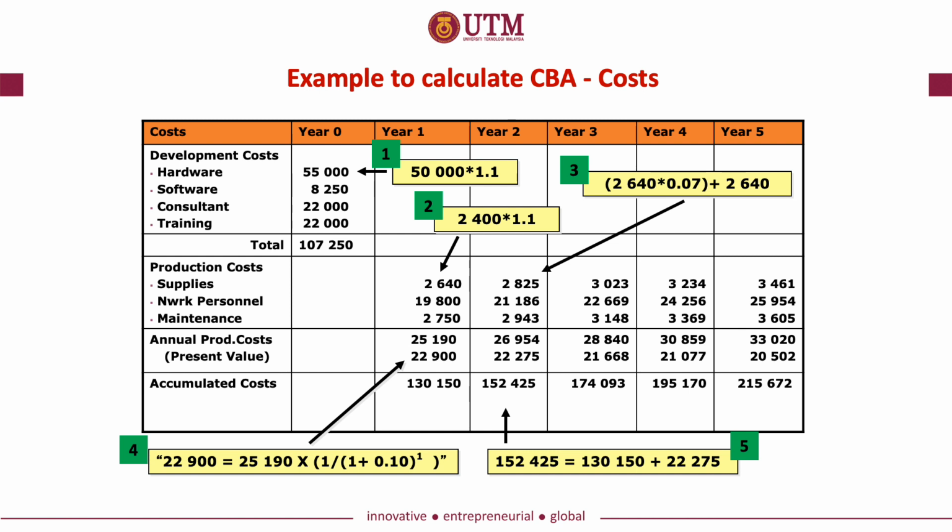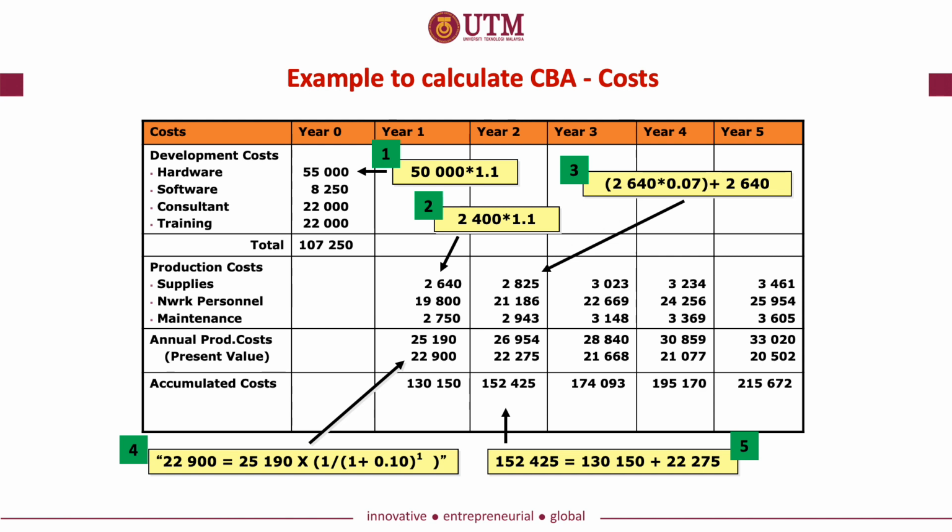For example, in year 1, 130,150 is the total accumulated cost after the present value 22,900 is added to 107,250 during year 0 of development costs. In year 2, 152,425 is the result of the year 1 value, which is 130,150, added to the present value of 22,275 of year 2.